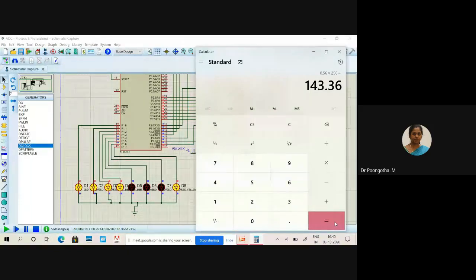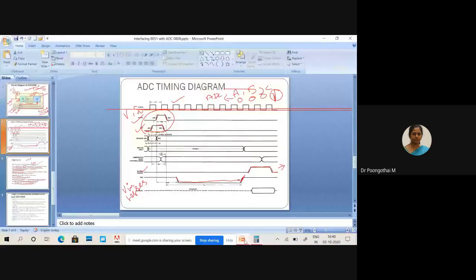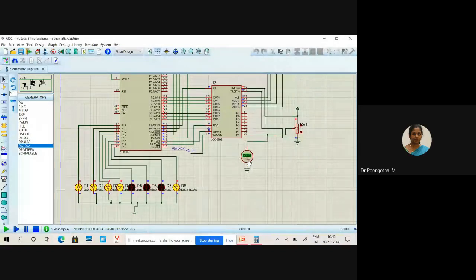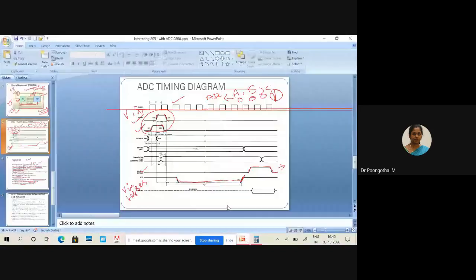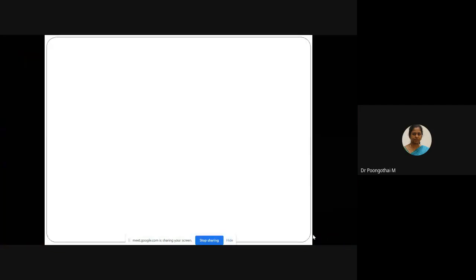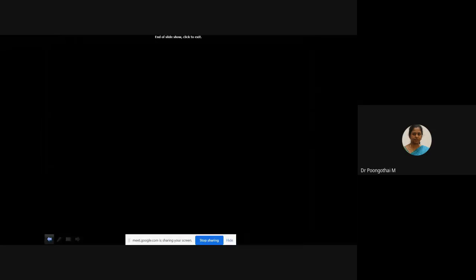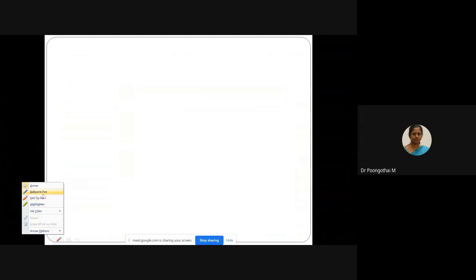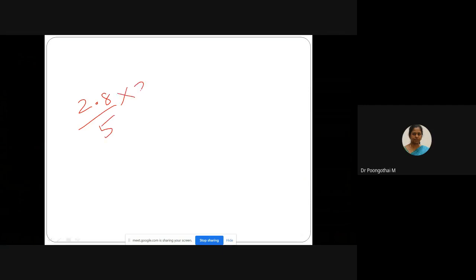So the calculation: 2.8 divided by 5 into 256.